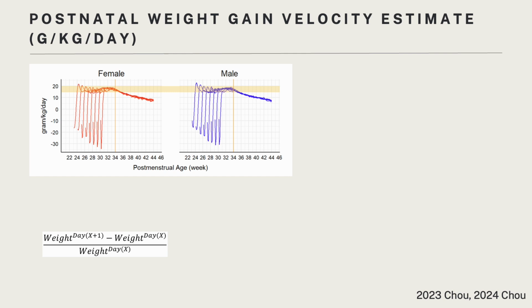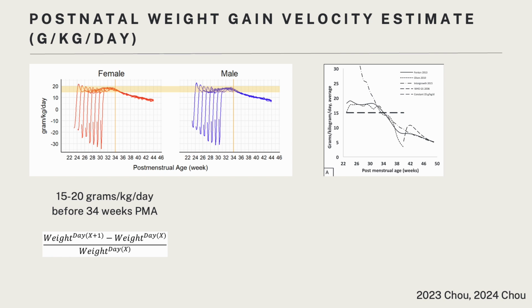And we see here that after the initial weight loss and returning to birth weight, the weight gain velocity in grams per kilo per day followed a sinuous horizontal line between 15 and 20 grams per kilo per day until around 34 weeks postmenstrual age. We didn't see a difference between males and females. This is similar to what was calculated using the Olsen and the Fenton chart between 34 weeks.